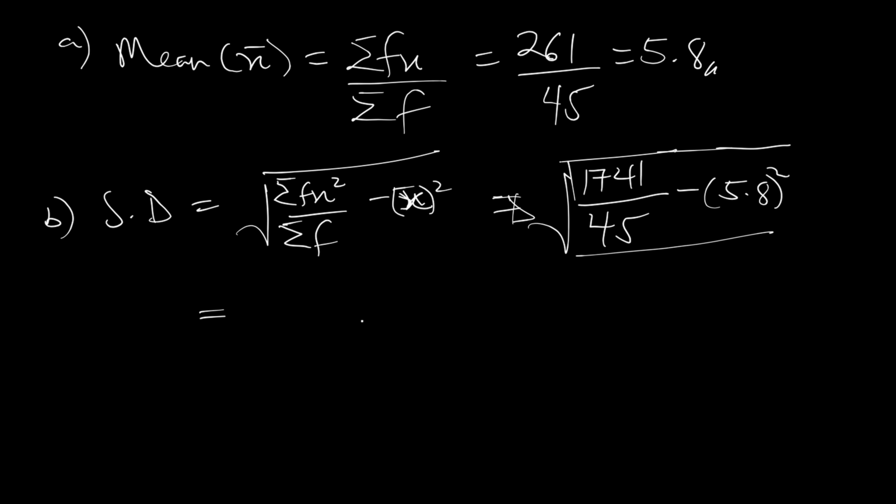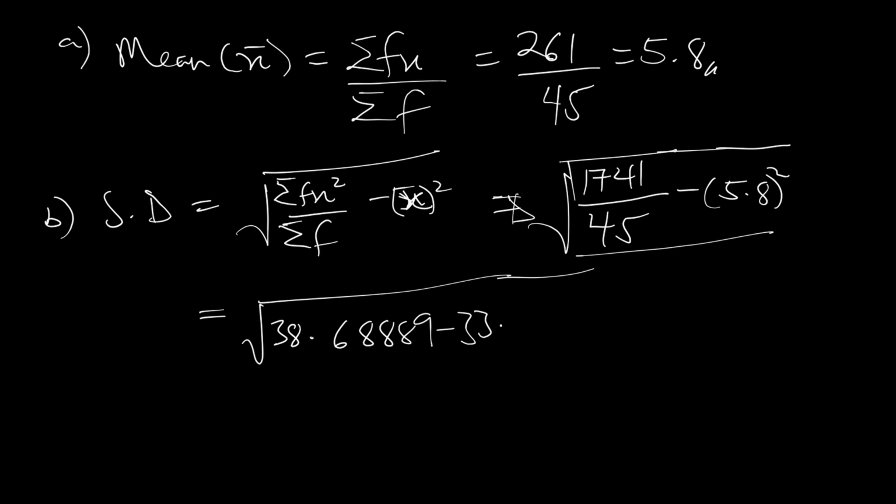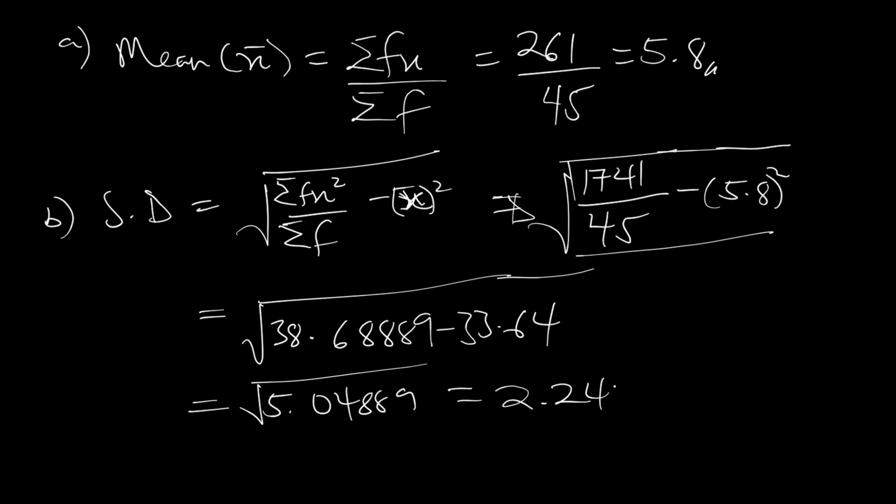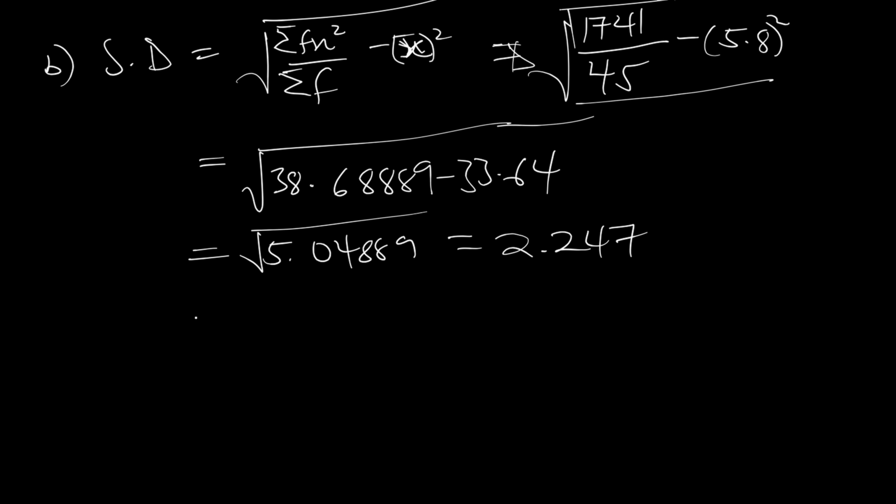This is equal to the square root of 38.68889 minus 33.64, which is the square root of 5.04889, which is equal to 2.247. But we are being asked to correct to 1 decimal place, so our standard deviation will be equal to 2.2.